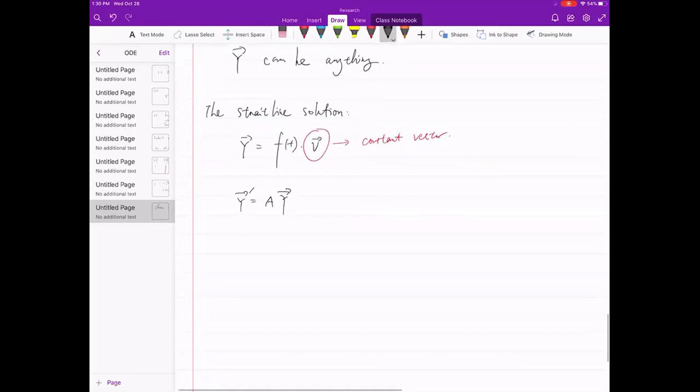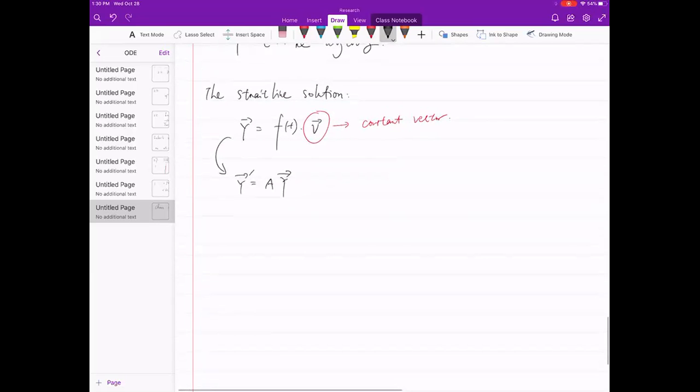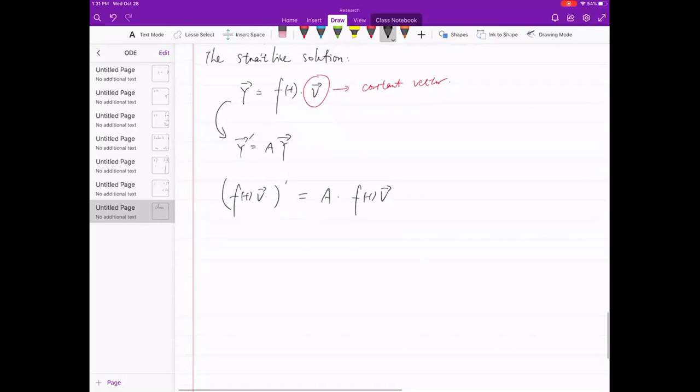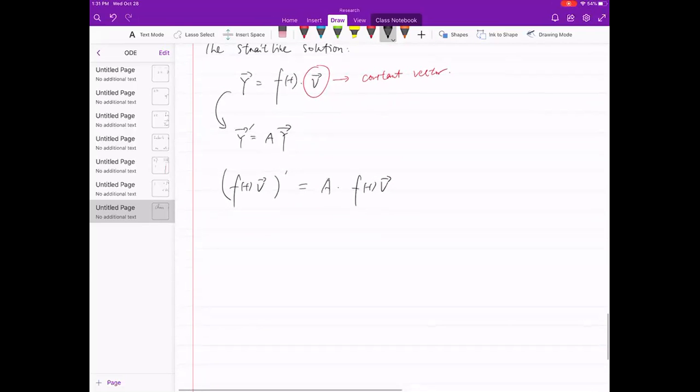That's your differential equation. If you plug this one in, what do you got? You got f(t) v prime equals A times f(t) v. Again, only for straight line solutions. Now, an interesting thing happened. What happened?